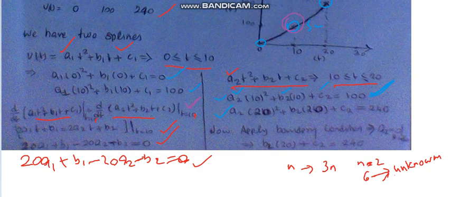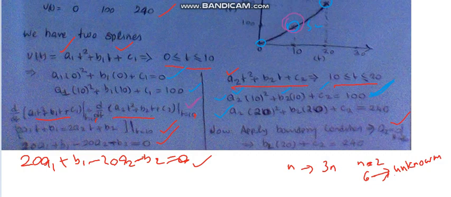Okay, now again we will consider the boundary condition, and I have considered both boundary conditions. We can consider it differently. First I have considered the last point as my boundary condition.